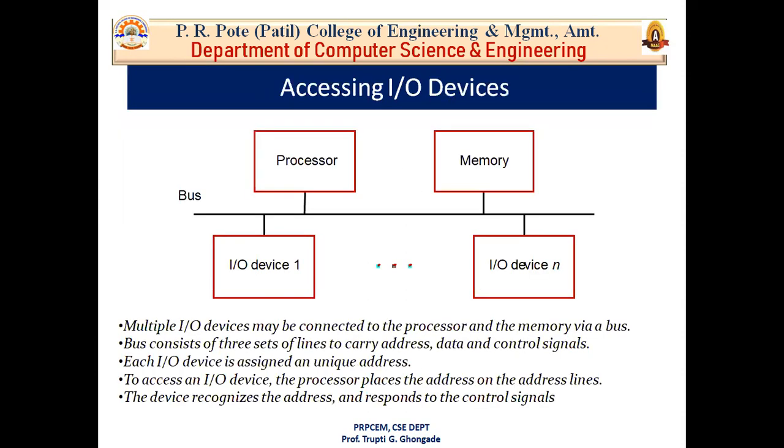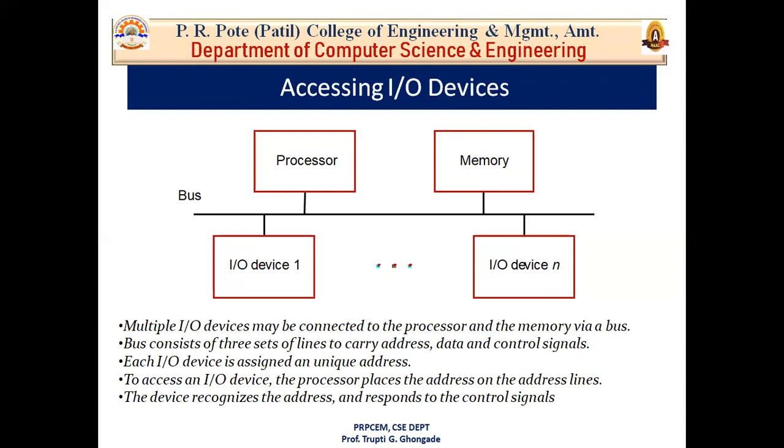A simple arrangement to connect IO devices to a computer is to use a single bus arrangement, as shown in this figure. The processor, memory and a number of IO devices are connected with each other by using a single bus. This bus enables all the devices connected to it to exchange information.